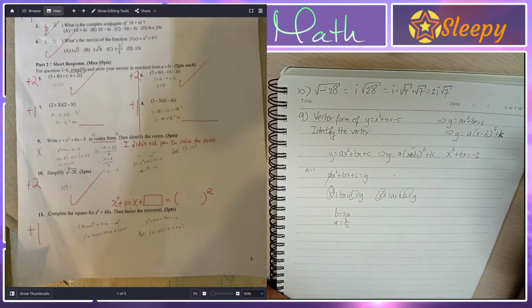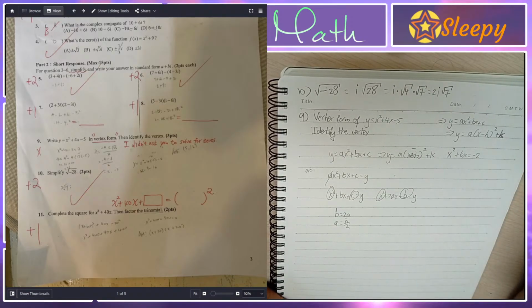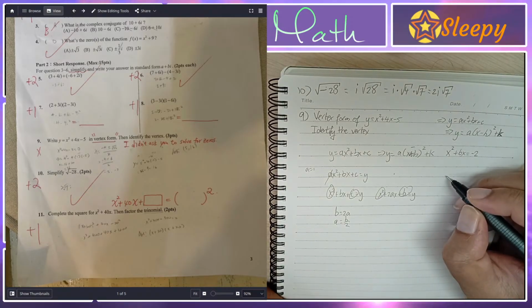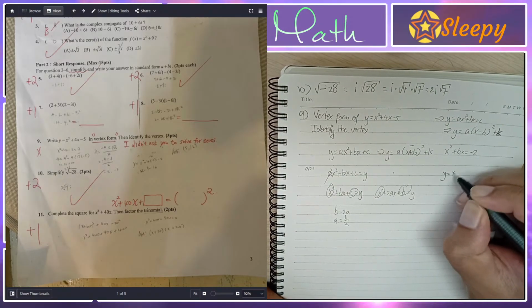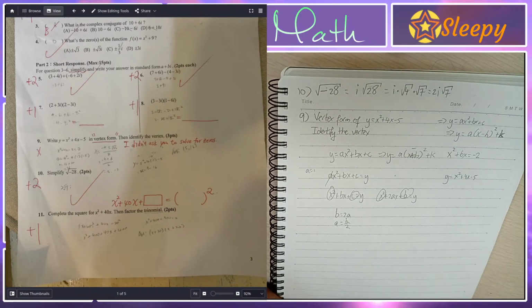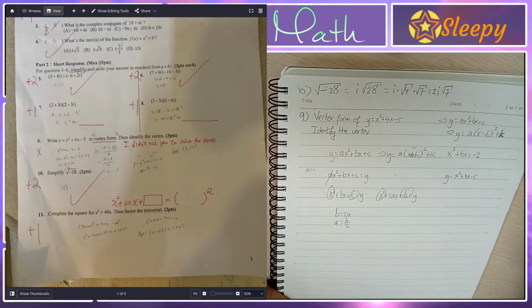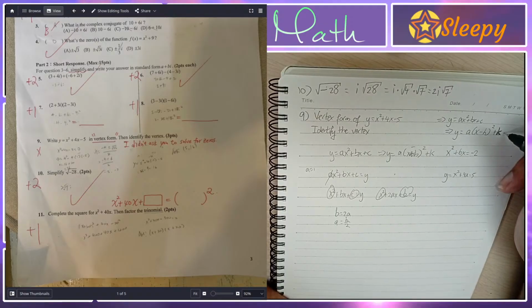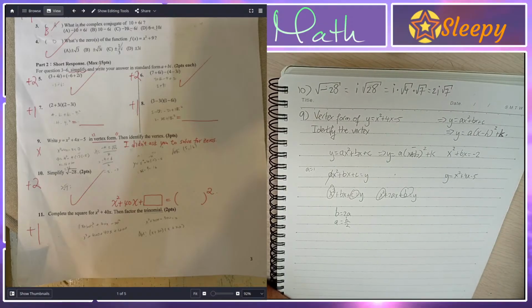Alright, so we've got this function here: y is x squared plus 4x minus 5. Identify the vertex. So this is the vertex, no? But this is when a is 1, so it's easier.